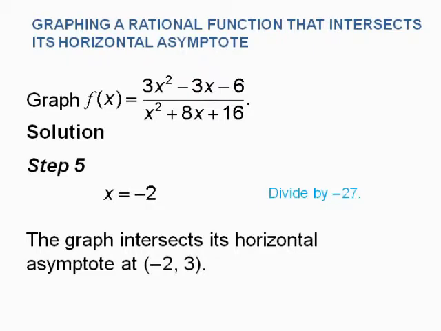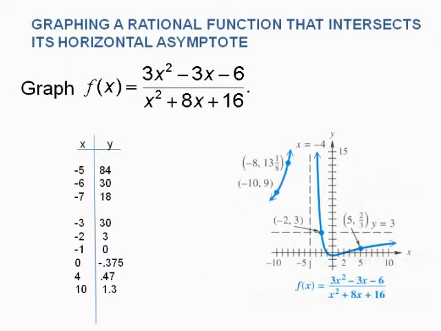So the graph is going to cross the HA at this point, (-2, 3), and we will see that as we continue here. And lo and behold, here it is on this one. We only had one VA here, and there it is, x equals negative 4. I took some points to the left of that and got this part of the graph.